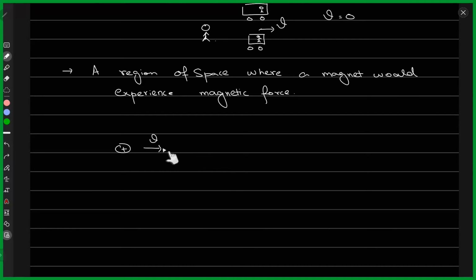So if there is a positive charge, suppose that this is some region of magnetic field, right? This is not accurate right now, but suppose that there is some magnetic field region around this positive charge, and there is also electric field. Electric fields are directly outwards.